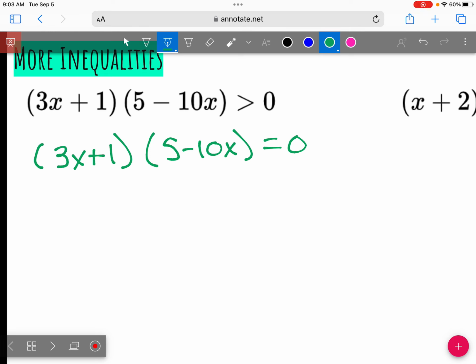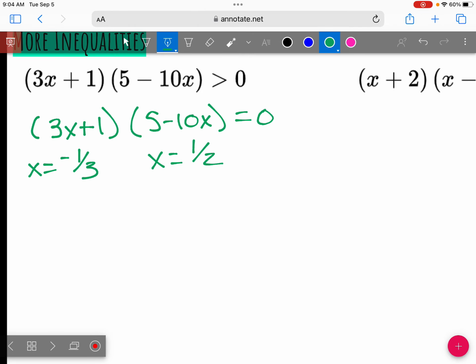Negative 1/3. So if this equals 0, x equals minus 1/3. And if this one was 0? Subtract 5 from both sides, divide by negative 10. x equals 1/2. Okay, so find those zeros.